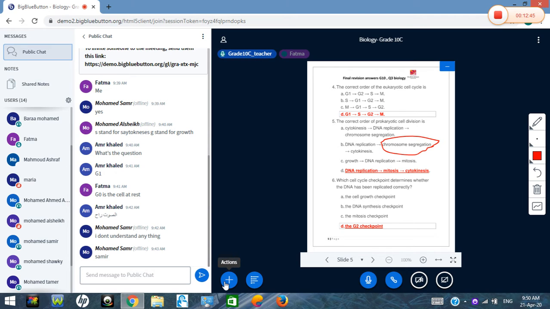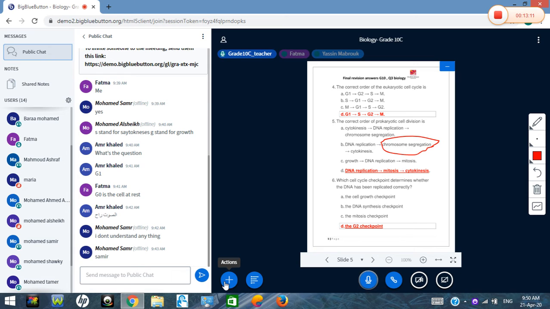During prophase, we say that DNA is in the shape of chromatin, right? Yes. And above the nucleus, there are 2 centrioles. Pay attention, guys.